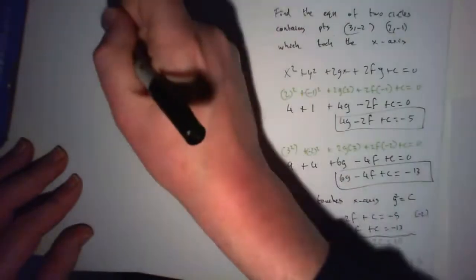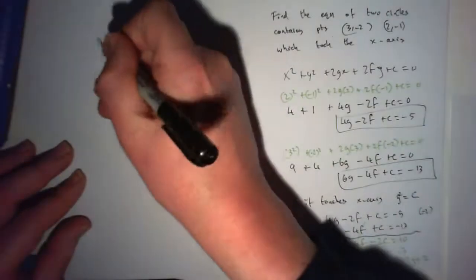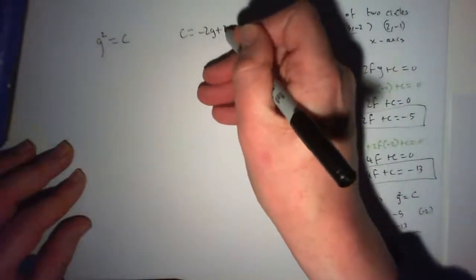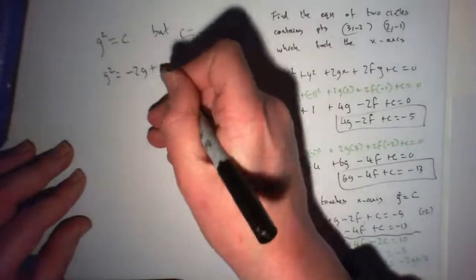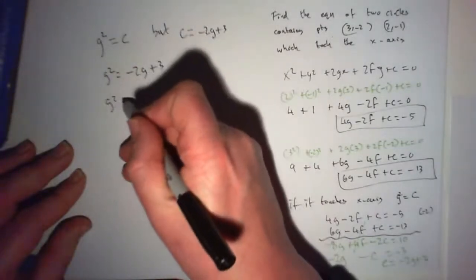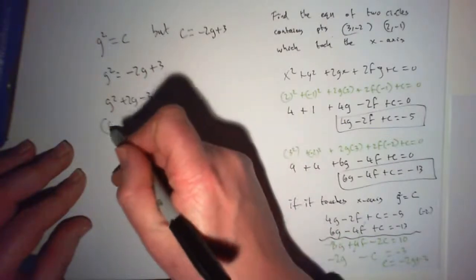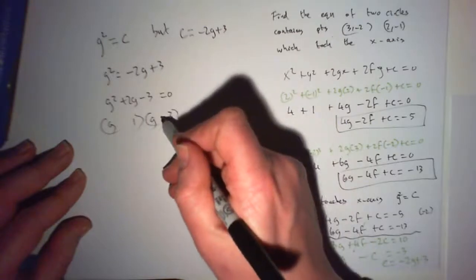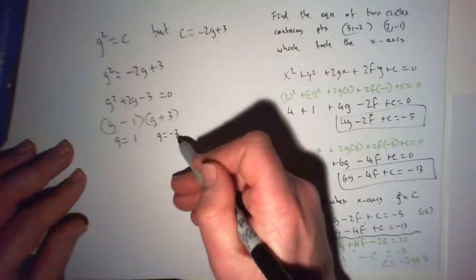I know that g squared is equal to c, but I know that c is equal to minus 2g plus 3, so g squared is equal to minus 2g plus 3, so g squared plus 2g minus 3 is equal to 0. That factors, with 3 and 1, a plus and a minus. So g is equal to 1 or g is equal to minus 3.